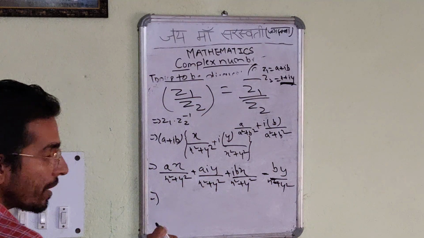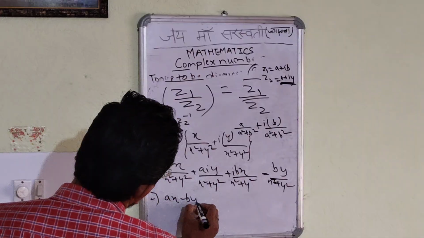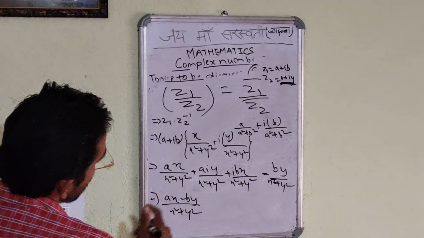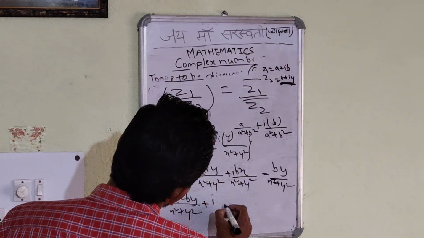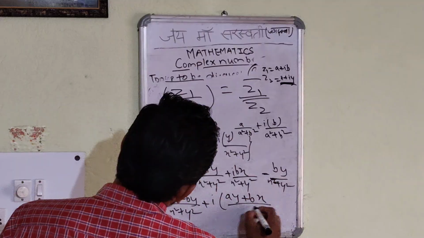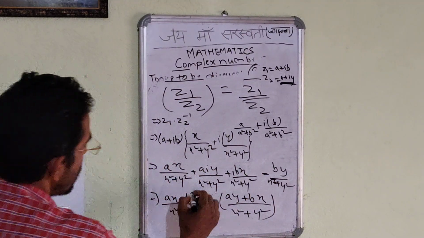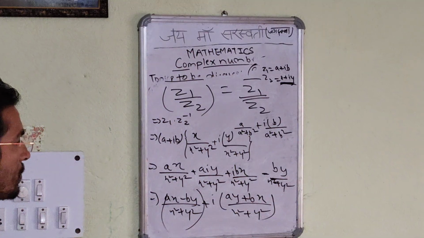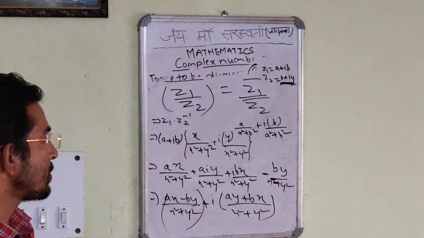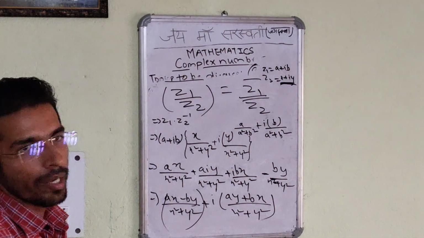Taking the real part together, that will be AX minus BY by X square plus Y square. Now I is common: AY plus BX by X square plus Y square. So this is basically AX minus BY by X square plus Y square plus I times AY plus BX by X square plus Y square.